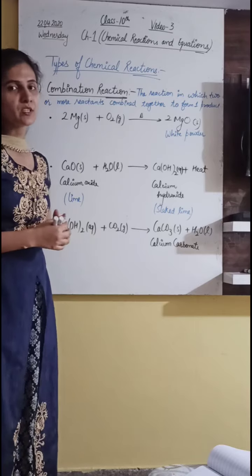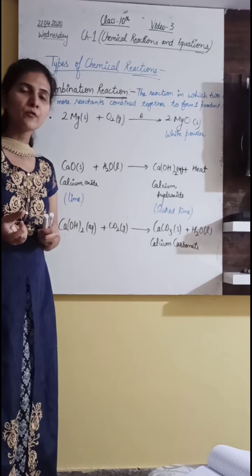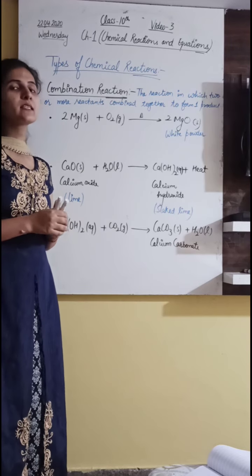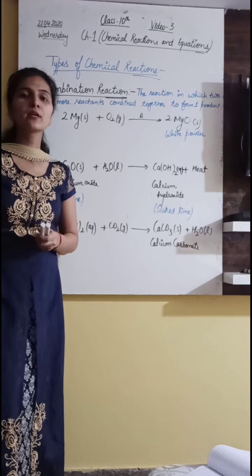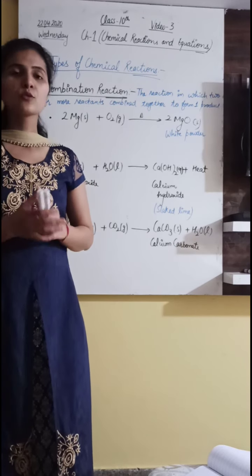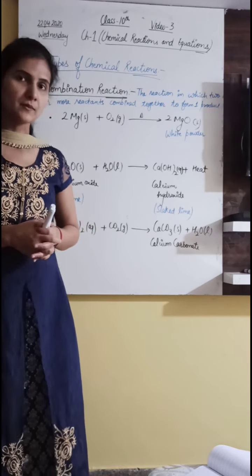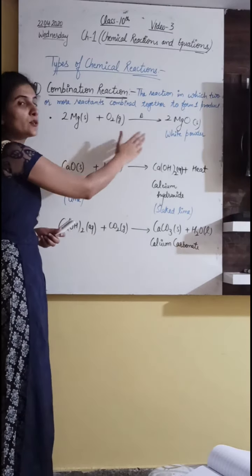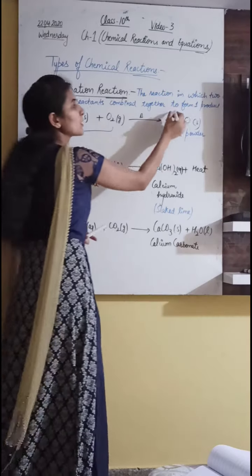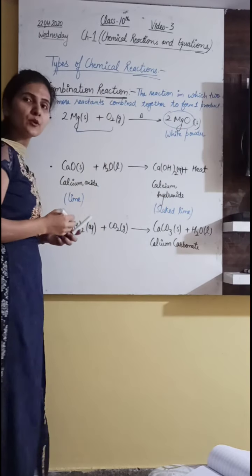And what is the observation here? A white color powder will form along with a dazzling white flame. You have already seen in the video that a white flame was produced. So this was also an observation. So yes, this is a combination reaction, because here 2 reactants combine together to form a single product.